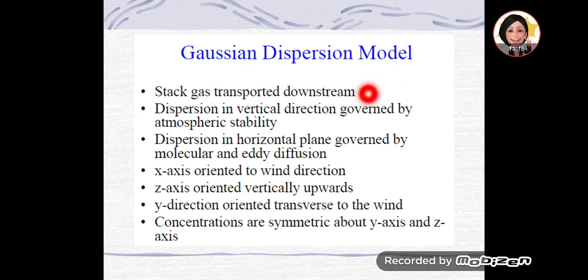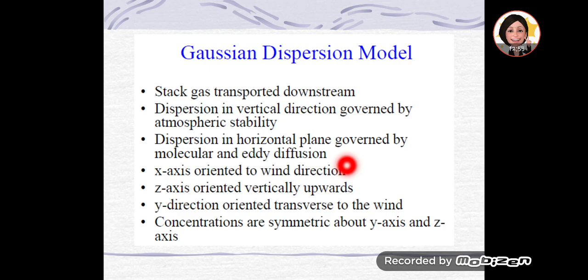The stack gas is always transported downstream. The dispersion in the vertical direction, above, is always governed by atmospheric stability. The dispersion in the horizontal plane is governed by molecular and eddy diffusion. That means how the concentration of the material changes from the point source towards the downstream.